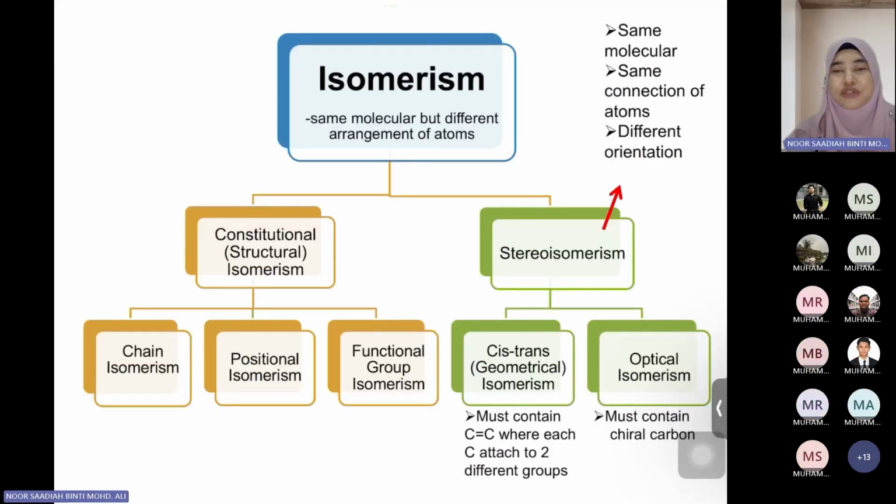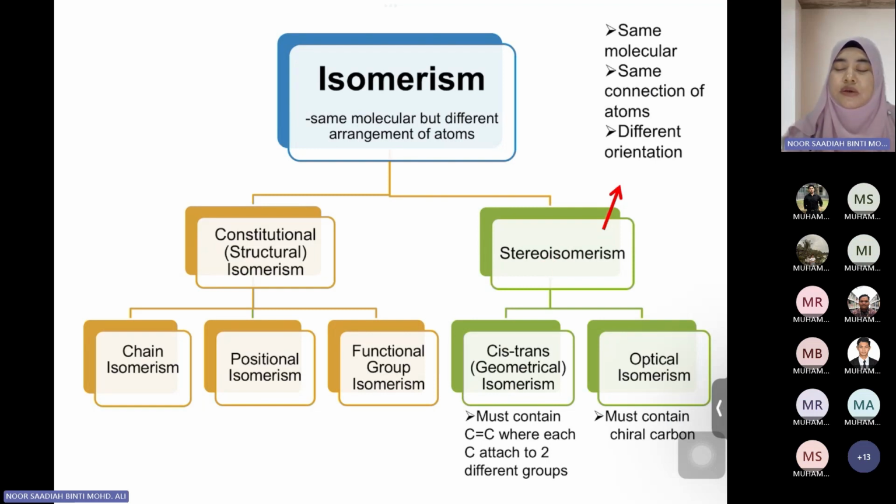Okay, so now let's continue with the second type of isomerism, that is stereoisomerism. After the constitutional isomerism, the second one goes to stereoisomerism.